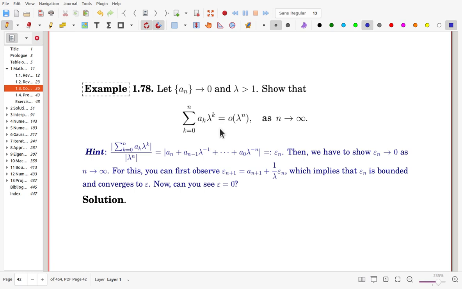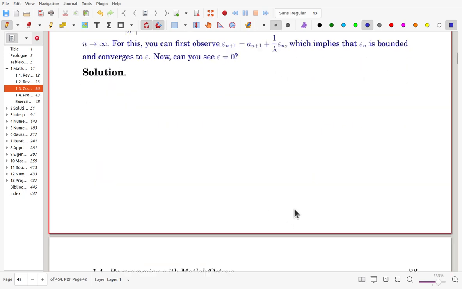Now, for this summation, as n goes to infinity, we can figure out that this whole thing is little o of lambda to the n. Once it is divided by lambda to the n, then it is approaching 0. So we can prove that. And here the hint is given. If you are interested in this problem, then try to solve it yourself.